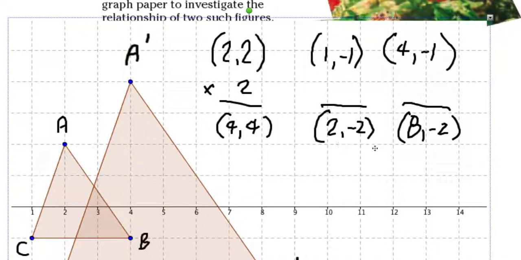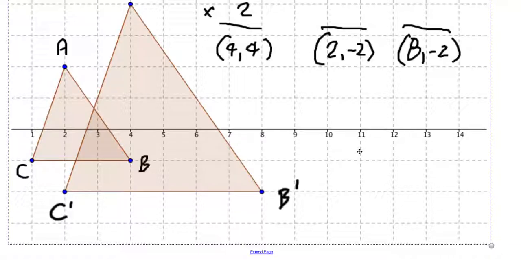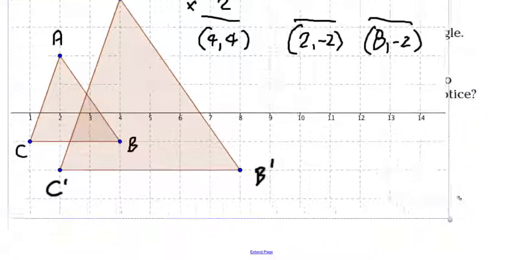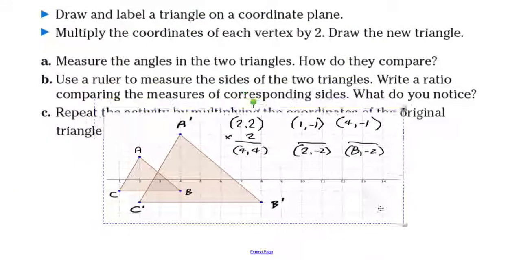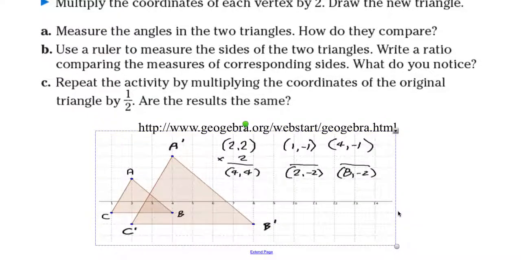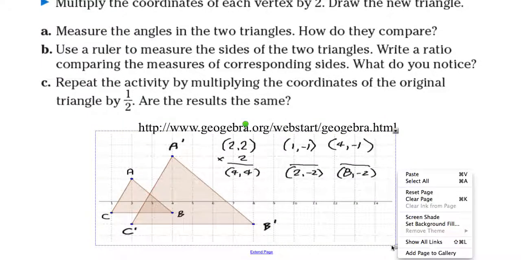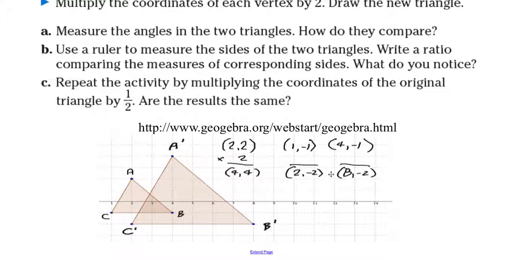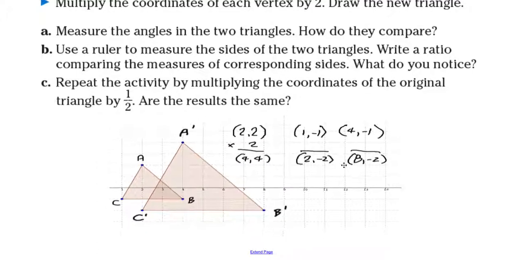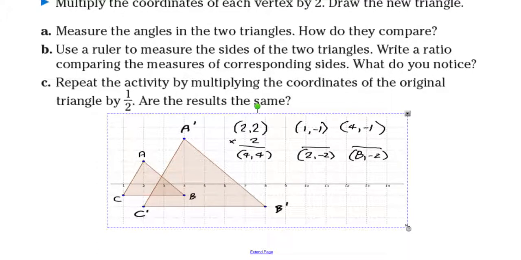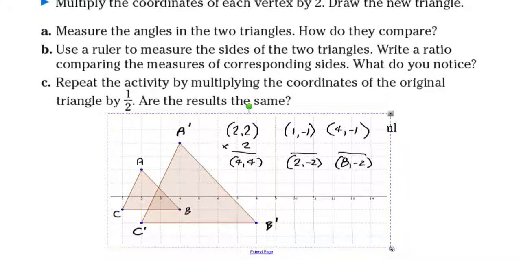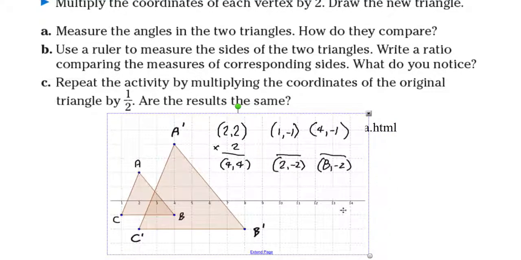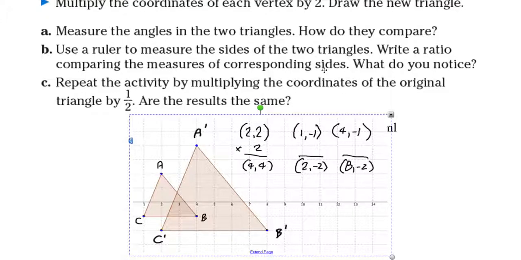Obviously we can make it smaller because it's too big. So let's put it down here, right there. There you go. So you put it down there, and measure the angles in the two triangles.